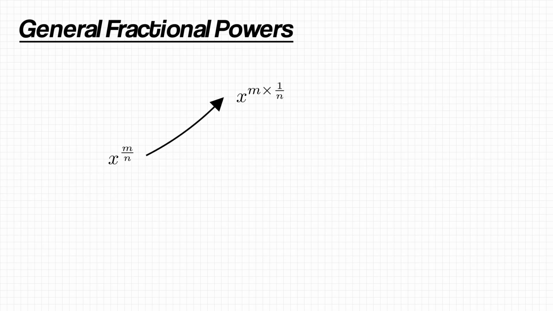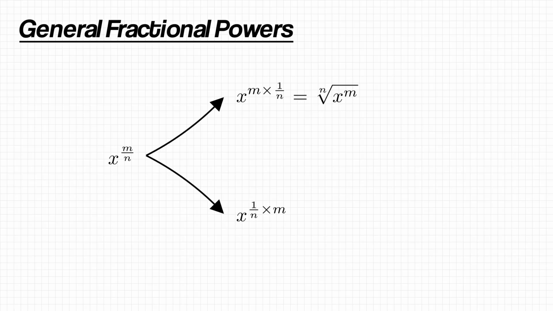We still need to deal with fractional powers where the numerator isn't 1. Consider x to the m divided by n. We could think of this two ways. First, as x to the power of m times 1 over n. Using what we learned in the previous section and the nested powers rule together, this is the same as the nth root of x to the m.